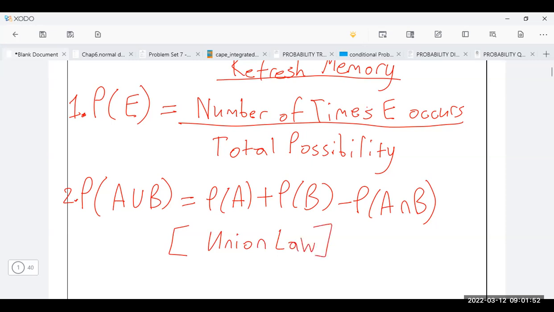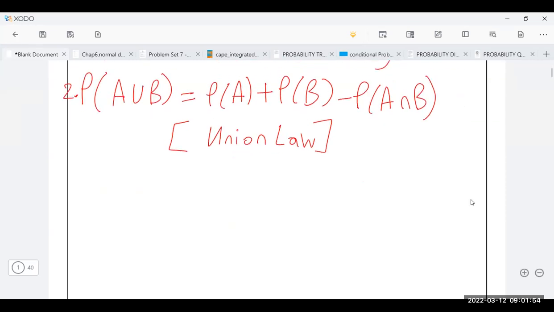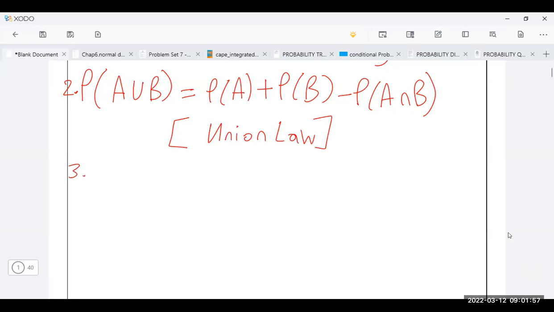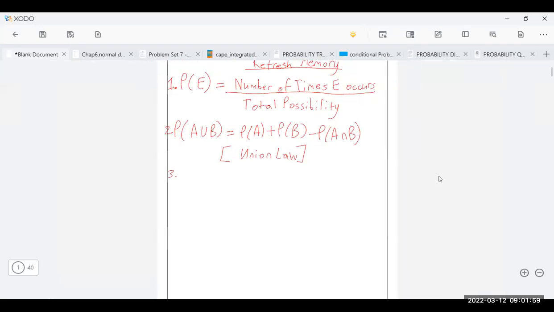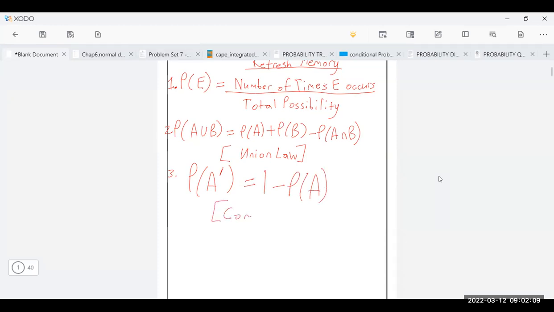Then the third thing we looked at was the complement law, where we said that the probability of A complement is equal to 1 minus the probability of A.